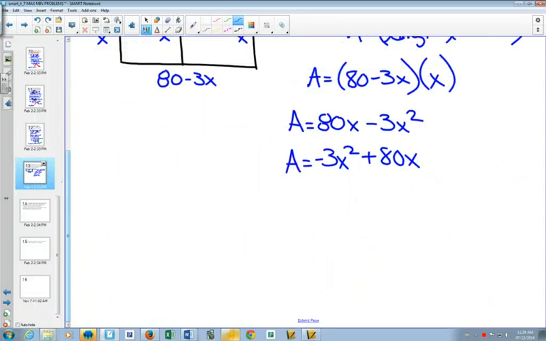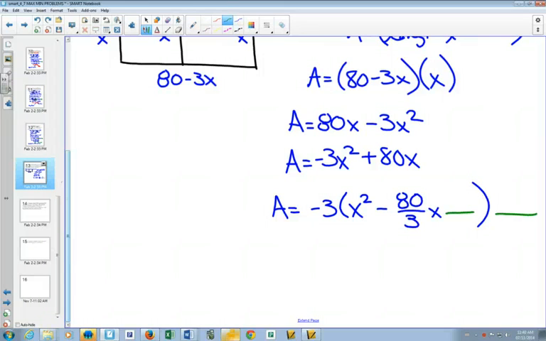They're just a little bit more work. It practices those skills that you learned in grade 7 and grade 8. So it's not bad. Take out a negative 3. That would leave you with x squared. Factoring out a negative 3 is like dividing. And so I would be left with 80 over 3x.